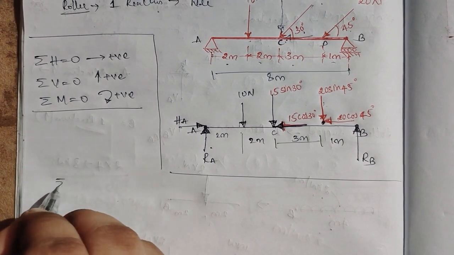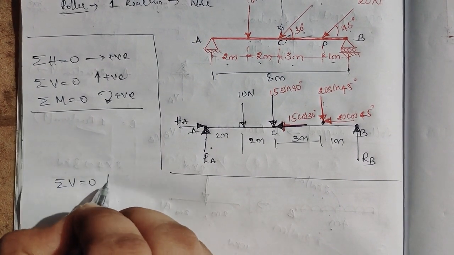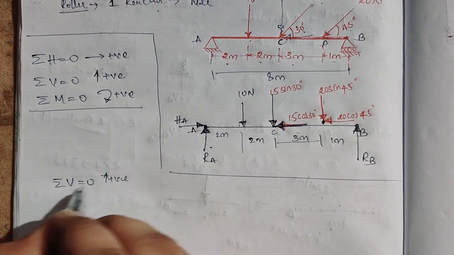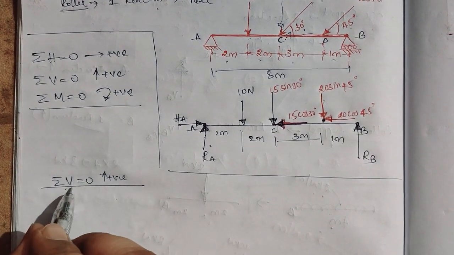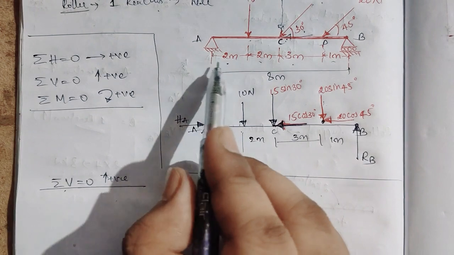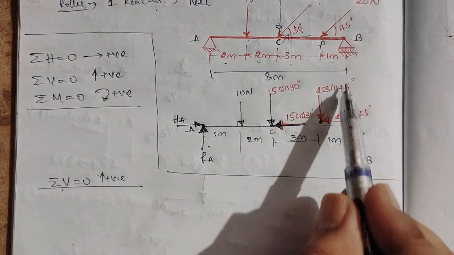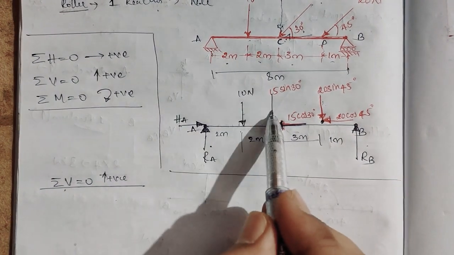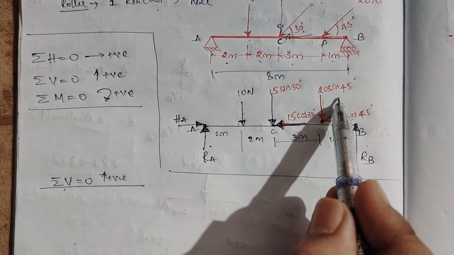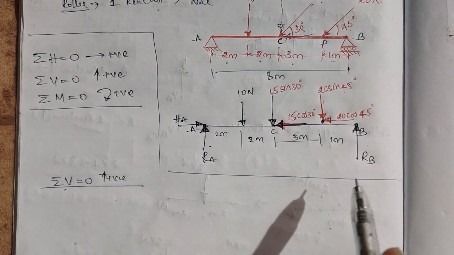Summation of vertical forces equal to 0, taking upward as positive. What are the vertical forces? RA and RB are going upwards, and the other forces, 10, 15 sin 30, and 20 sin 45, are all coming downwards, right?